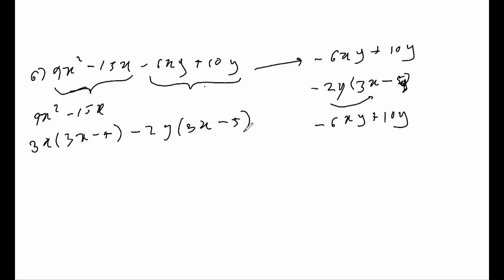So now I have everything in its group. And you notice how I have this one and this one are the same, so I could factor that out. So now I have the 3x minus 5, and then I just put in the next bracket what I have left over, 3x minus 2y, and now this particular expression is factored.